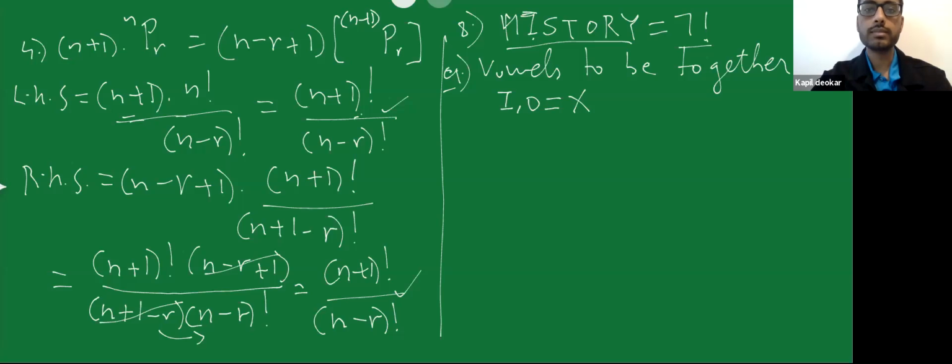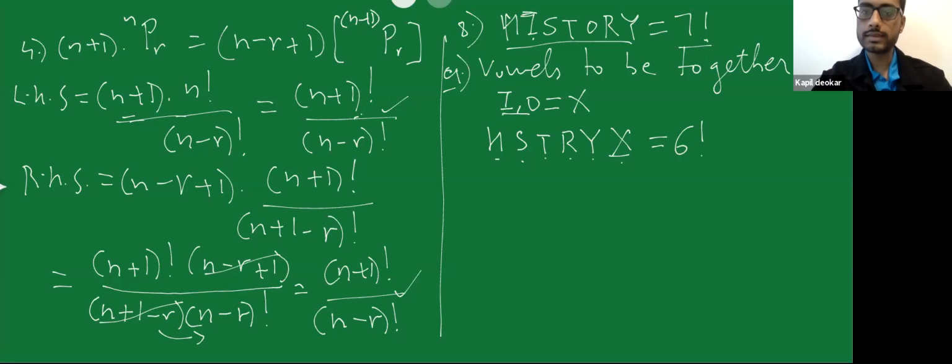So I'm going to consider my 2 vowels as one unit and let that unit be X. Then I'm going to rewrite the word again, H, S, T, R, Y. And instead of writing my vowels, I and O, I'm going to represent them as a unit X, because I want them to be together. So how many units do I have now? 1, 2, 3, 4, 5, 6. I have 6 units.